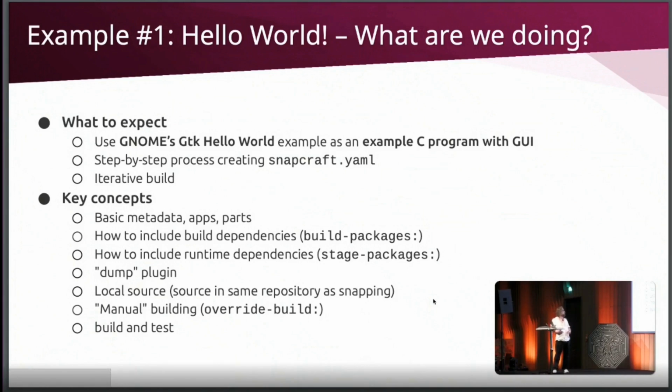What we will do is we take a tiny GTK application, which is the Hello World application. It's an example which you find on the upstream website of GTK. It's a simple C program with a GUI, and I give you a step-by-step process creating the snapcraft.yaml.